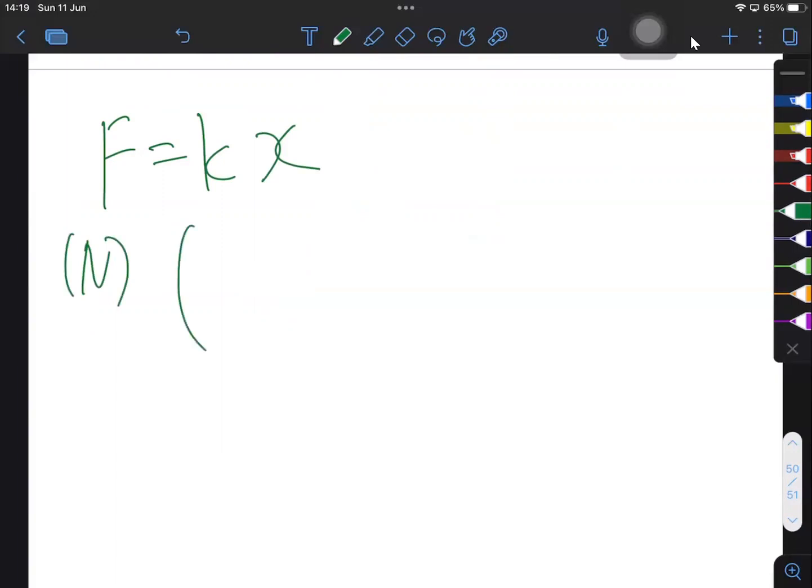Let's talk about Hooke's law. What's Hooke's law again? What's the formula? F equals to kx. What's the units? F is in newtons. Charles, what's the units for k?